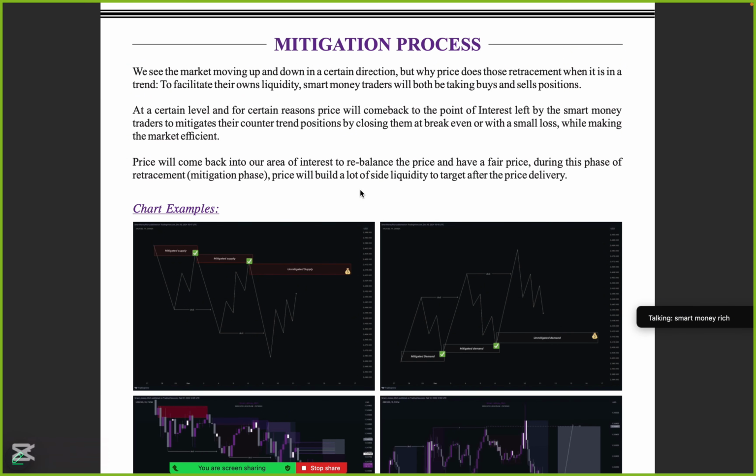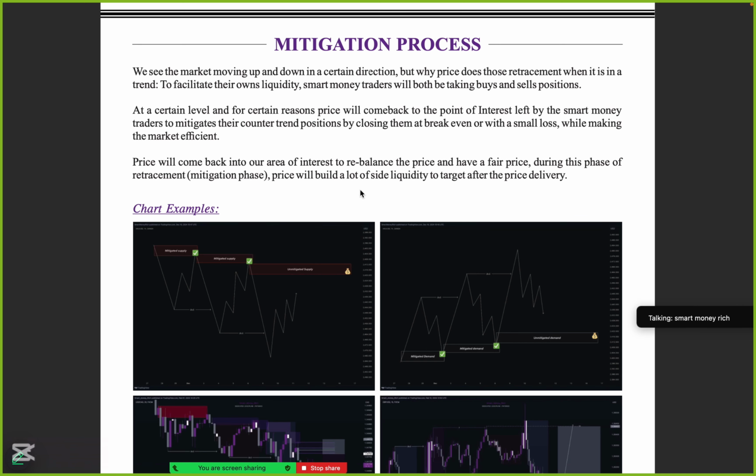And what this simply means is this, right? We see the market moving up and down in a certain direction, but why does price do those retracements when it is in a trend? To facilitate their own liquidity.